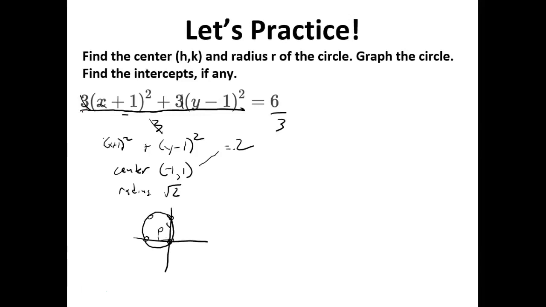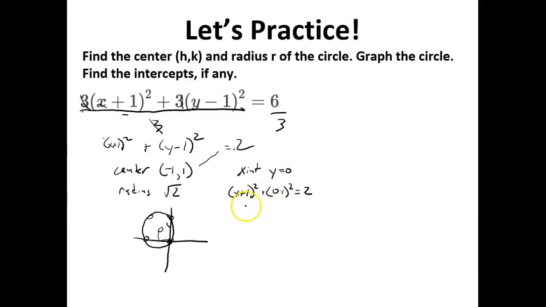Well, maybe it's not always going to be that easy to see. If I have to find the intercepts, the x-intercepts are where it's neither up nor down, so y is equal to 0. If I go back to my equation here and plug y equal to 0 in, we get x plus 1 squared plus 0 minus 1 squared is equal to 2.